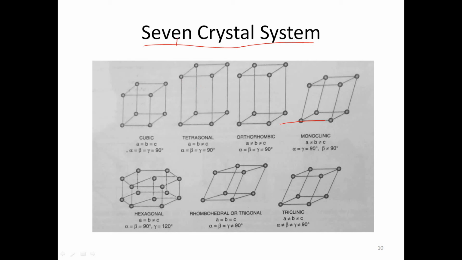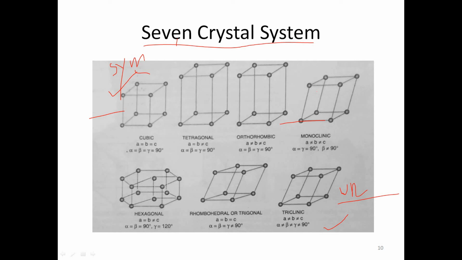Out of them, cubic is the most symmetrical, and triclinic is the most unsymmetrical. In triclinic, all 3 edges are of unequal length and all the angles are different, and none is 90 degrees.